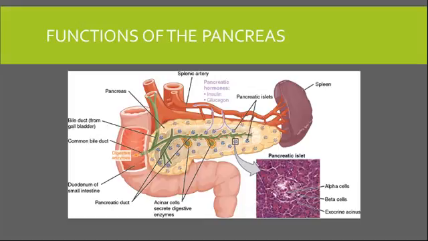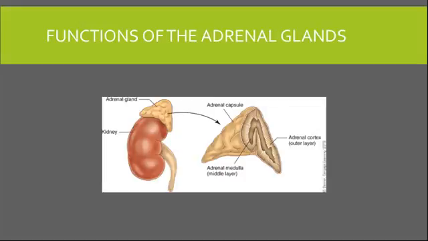In a nutshell, the endocrine function of the pancreas is production of insulin. Cells need glucose to carry out cellular activities, and insulin allows glucose to enter the cell, so it is quite important. The adrenal glands sit on top of our kidneys like little caps. The adrenal glands can be thought of as two glands, the outer portion, the adrenal cortex, and the inner portion, the adrenal medulla.